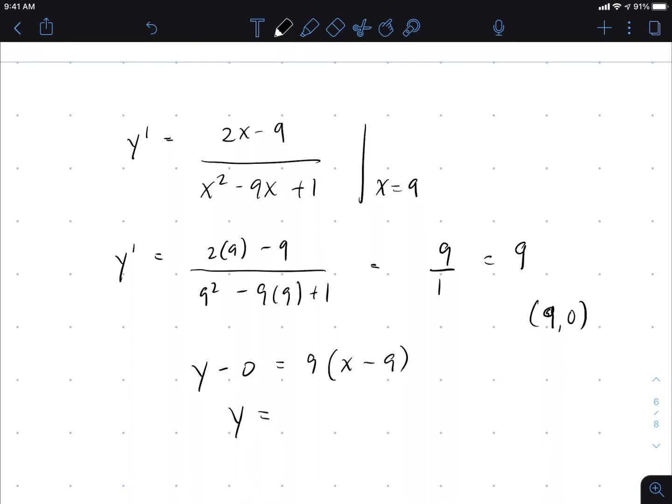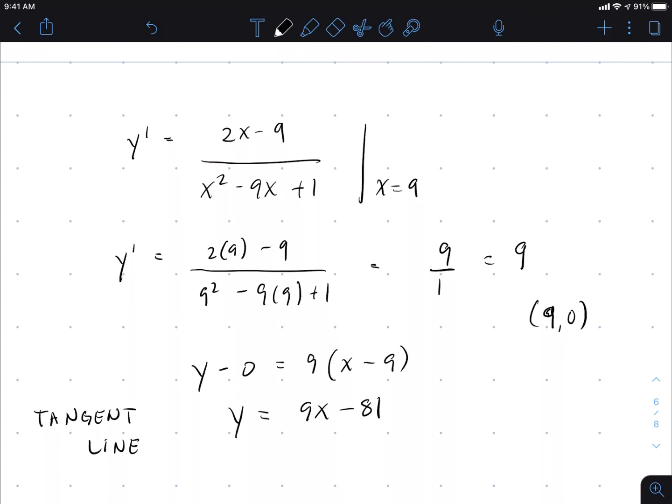So y is equal to 9x minus 81. And that is our tangent line. All right, that's good. Coming along.